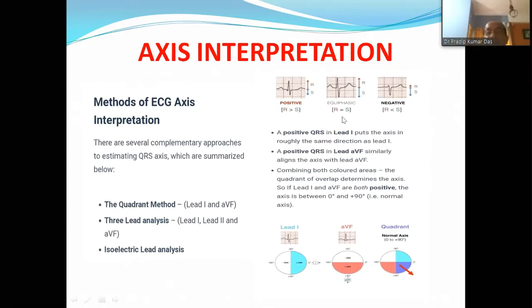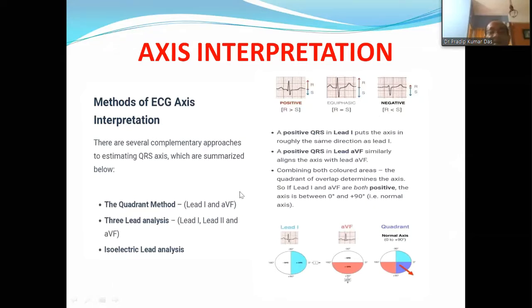If it is equiphasic, it is somewhere in between. If both are positive, the axis is between 0 and 90 degrees, that is the normal axis. If lead 1 is positive and aVF is negative for the QRS complex, it is left axis deviation. If aVF is positive and the QRS is negative in lead 1, it is right axis deviation.